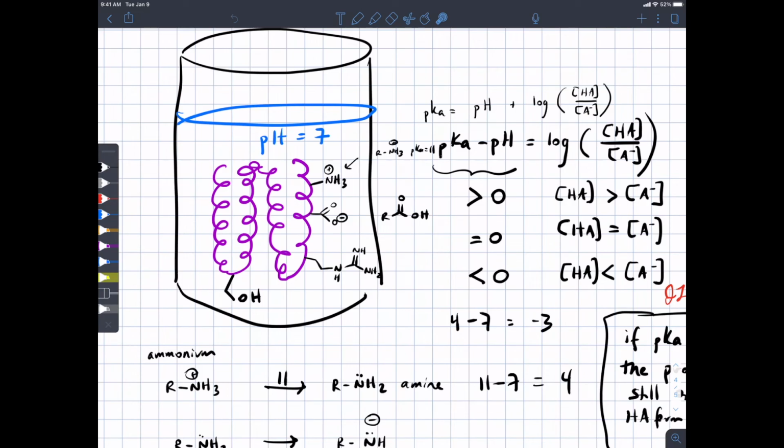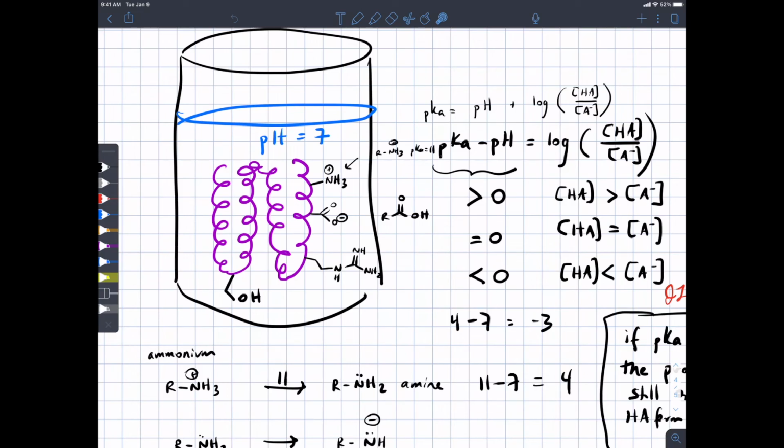If you want to, I don't like this, but if you want to, you can think of pH as telling you the capacity of the solution of water to protonate stuff versus not protonate stuff. When pH equals pKa, it's 50-50.